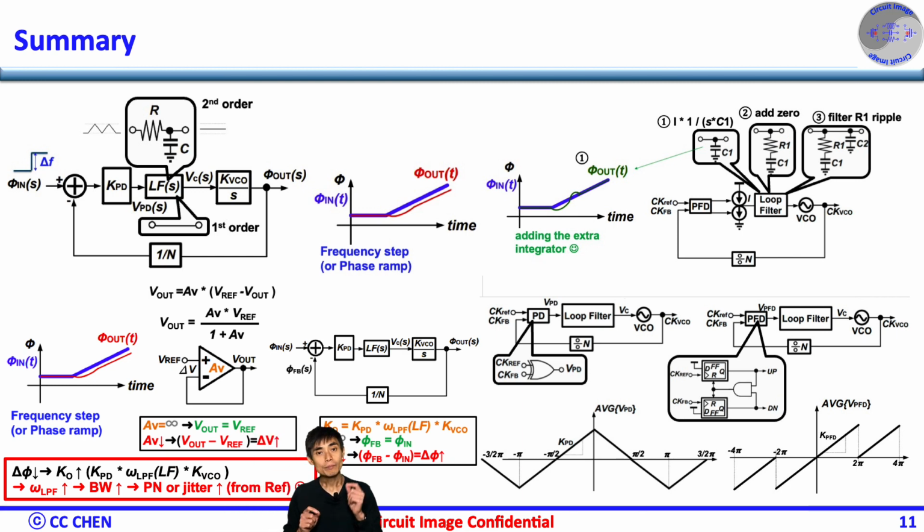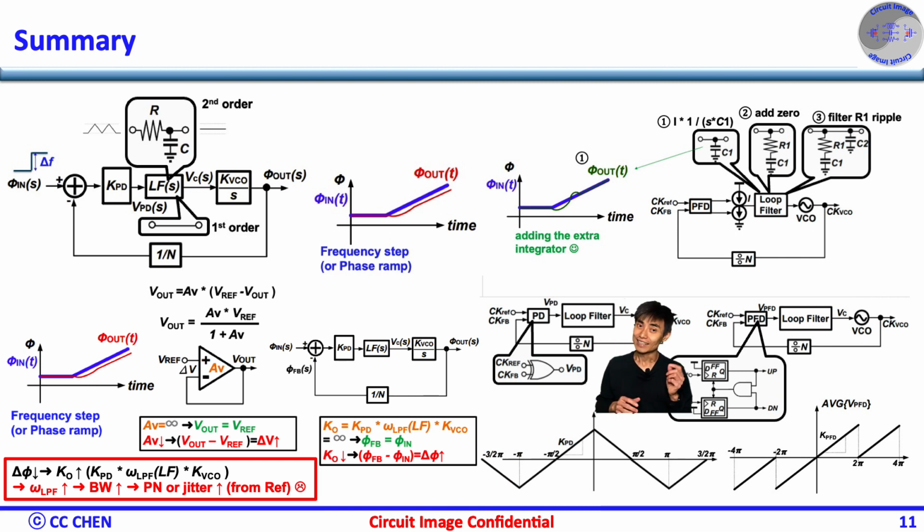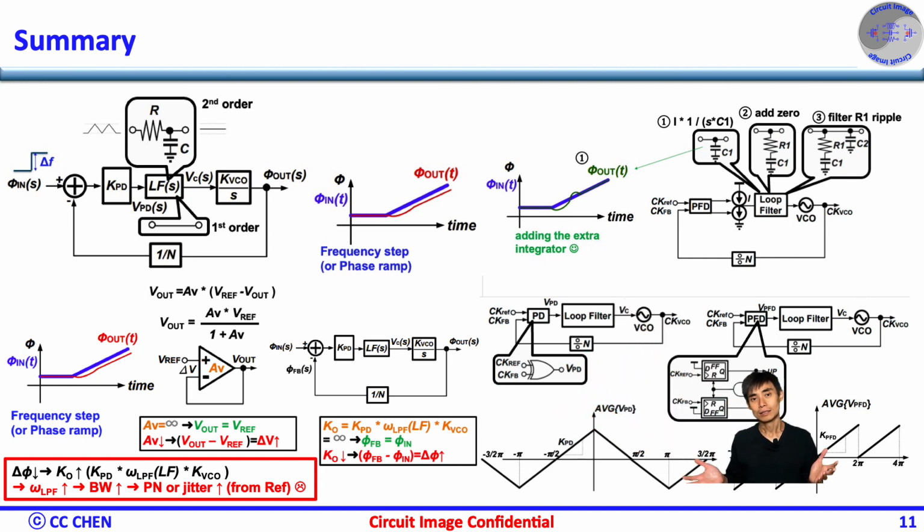But we must increase the Type 1 PLL bandwidth, which may increase the reference phase noise contribution, and is sometimes not preferable with a poor reference clock. Lastly, the capture range through the PD is narrow and cannot pull in the frequency error effectively.